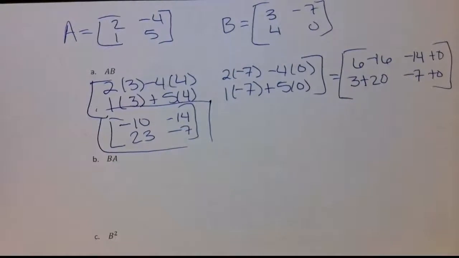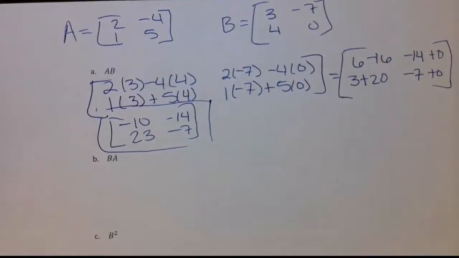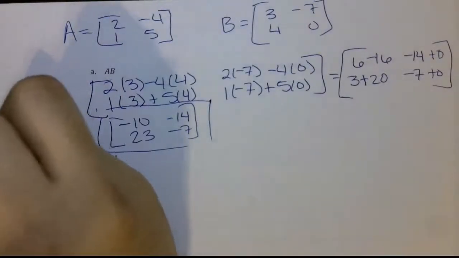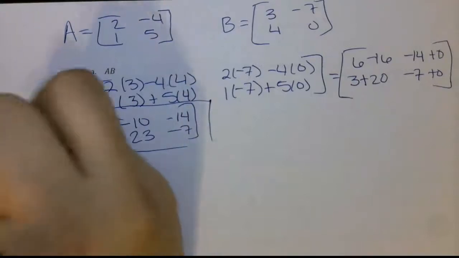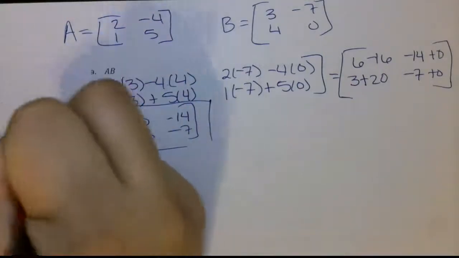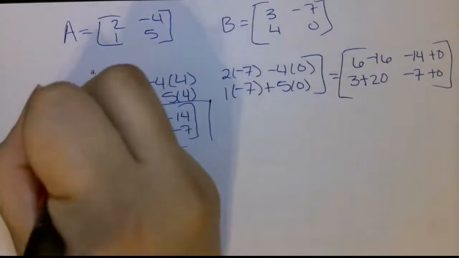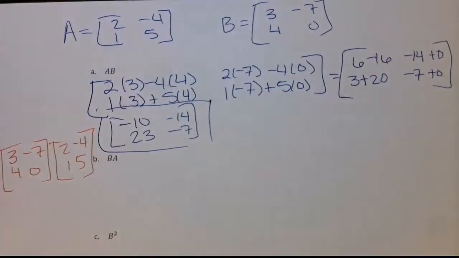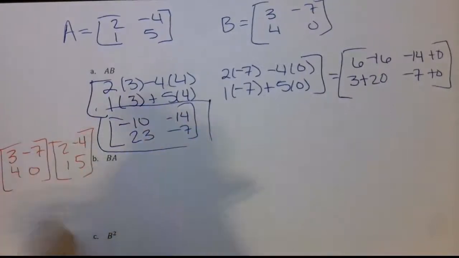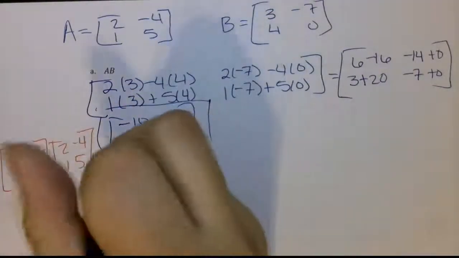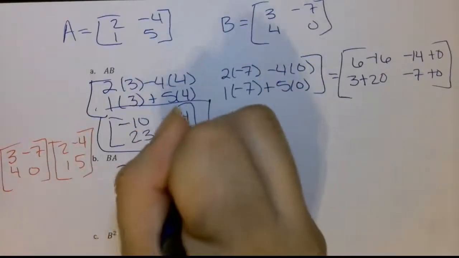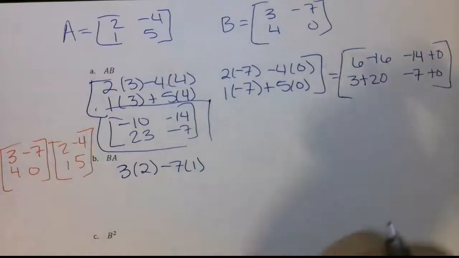For B, it wants it to go in the opposite order. I'm going to write these off to the side because whenever I do them in the opposite order, I mix them up if I don't rewrite them. So I have 3, -7, 4, 0. And then I have 2, 1, -4, 5. So this time I'm doing these rows with these columns. I have 3 times 2 minus 7 times 1.